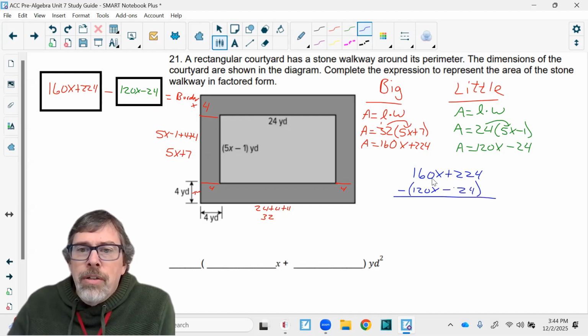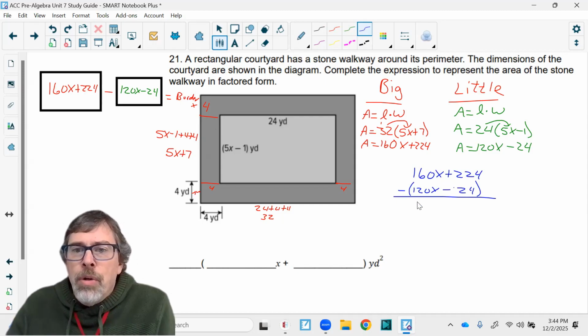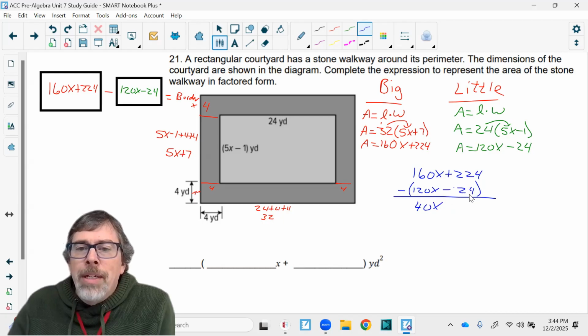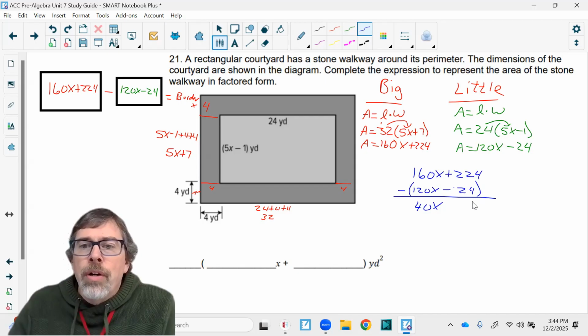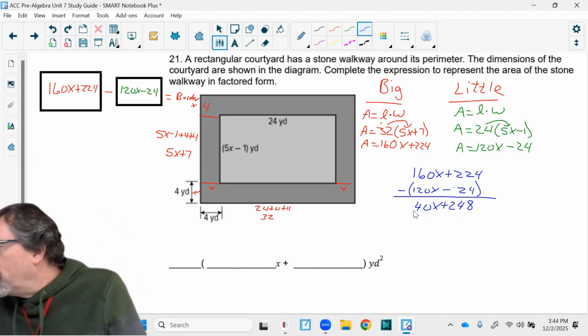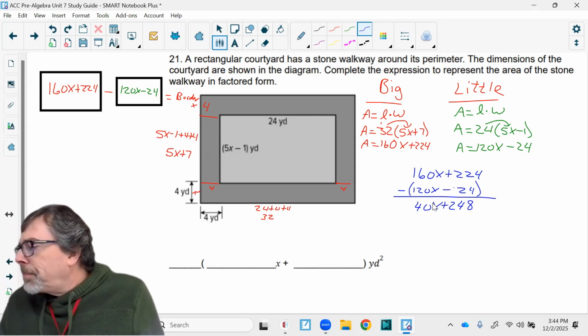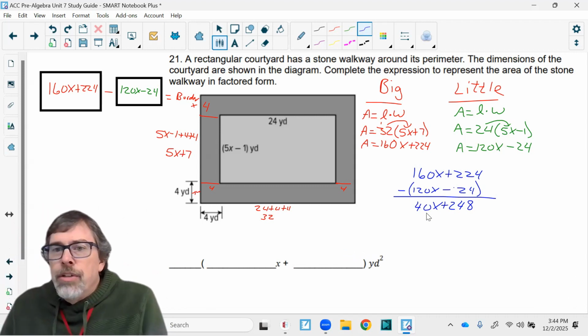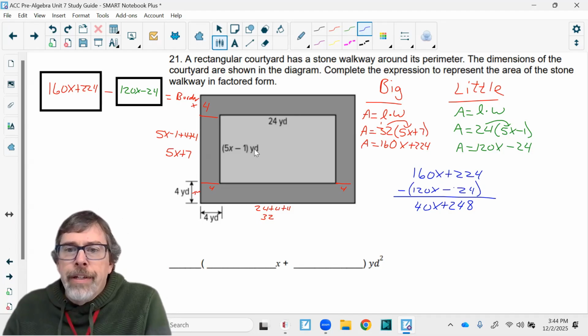Be careful. 160x minus 120x is 40x. 224 minus a negative 24 means to add. Don't make that mistake. 4 plus 4 is 8. 2 plus 2 is 4. 2 plus nothing is 2, and it's positive. So 40x plus 248 is our difference of the two areas.